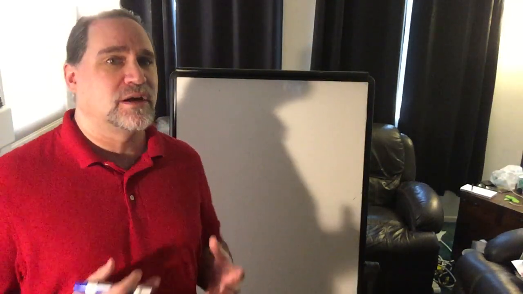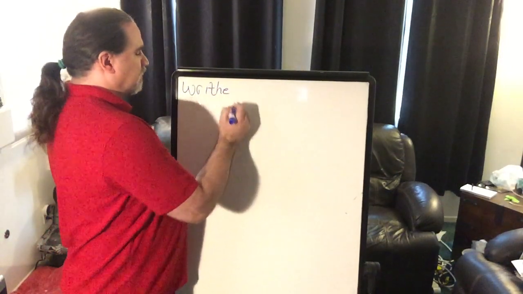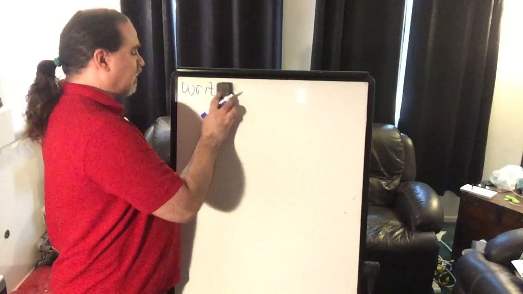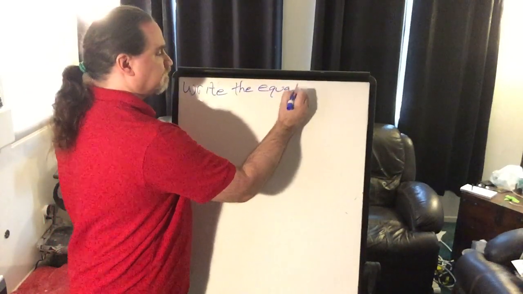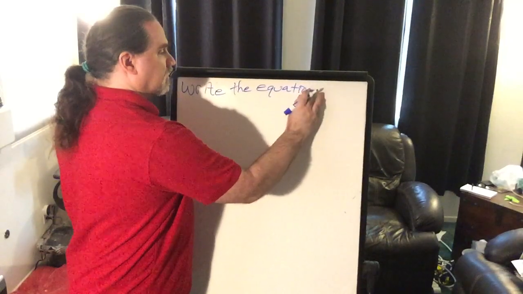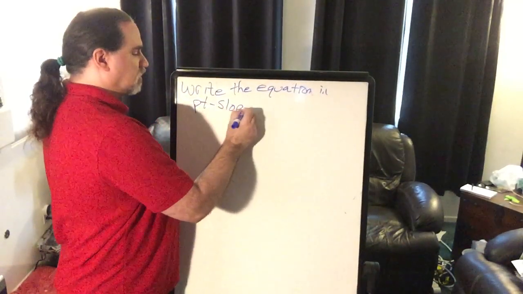Okay, so we saw how to graph it. We saw how to pull it together. But the most common way you're going to be asked to write a linear equation in point-slope form is given 2 points. Okay, so they'll say, write the equation in point-slope form.